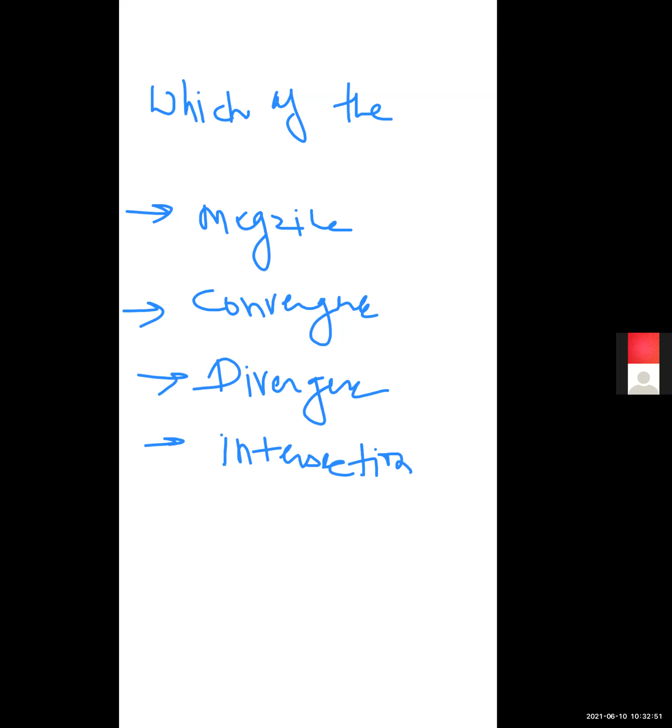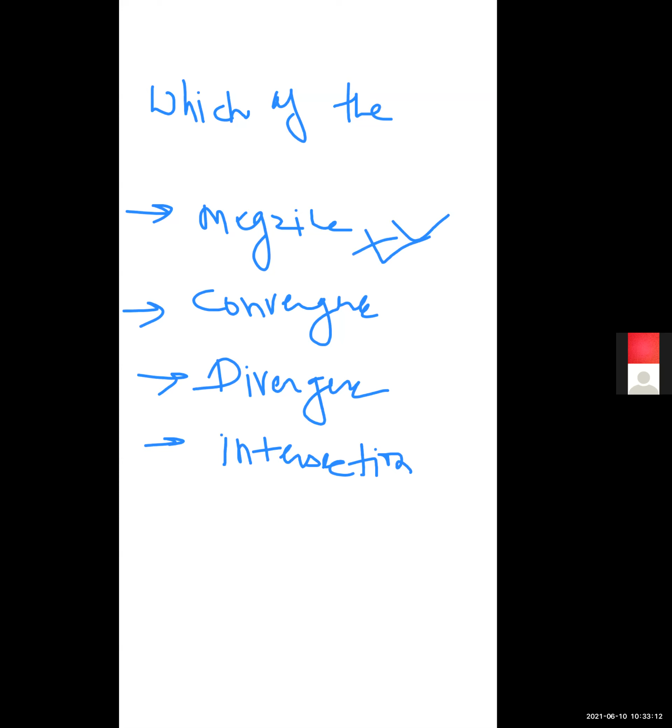Which can hold the film of focal plane? Ma'am, magazine. Magazine, correct. Magazine holds the film of focal plane.